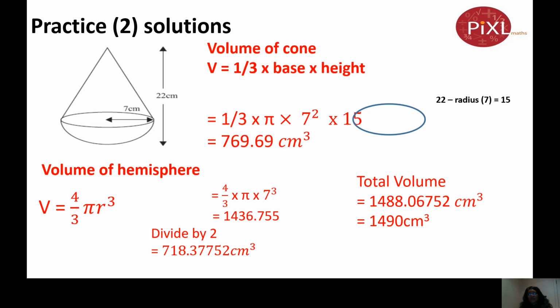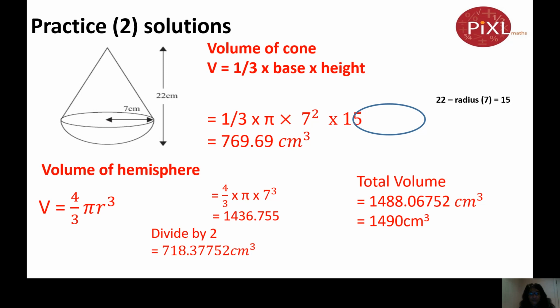So this is the last one, where we have the cone that is sitting on the hemisphere. First thing we need to do, we find the volume of the cone, which is 1/3 base area times the height. Notice that the height from the top of the cone to the bottom of the hemisphere is 22.